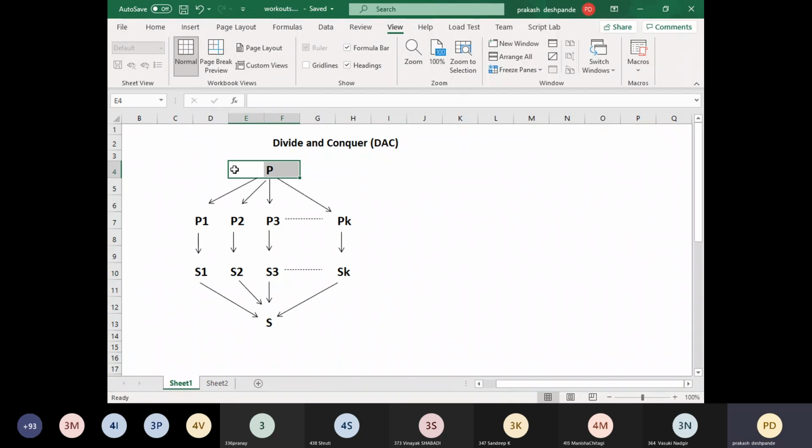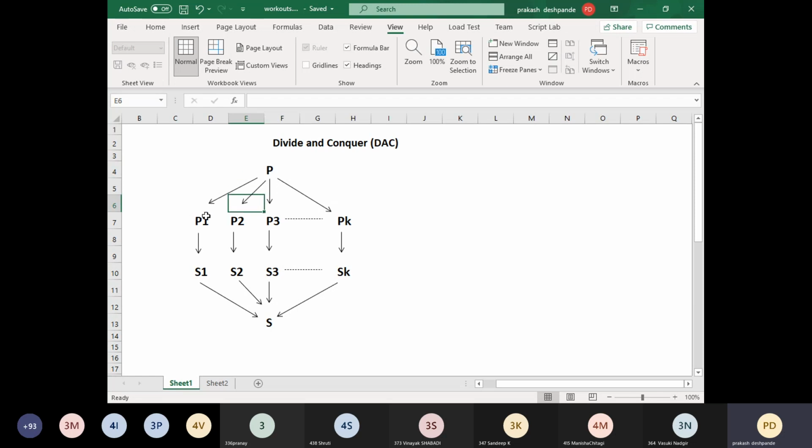Then the technique I can use is to divide this big problem into smaller pieces, a set of subproblems, which are much smaller than the original problem.